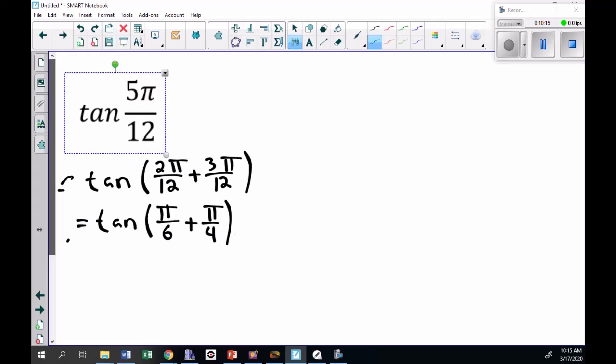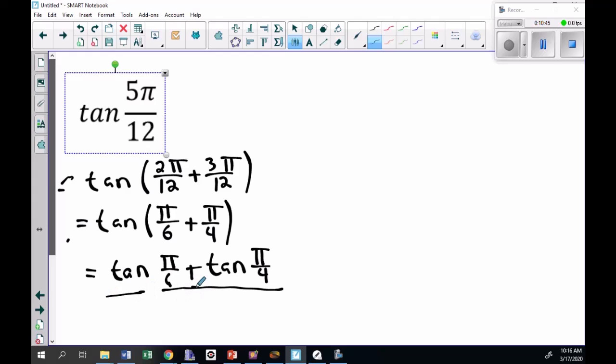All right then. So now we have an identity. We have an addition for a tangent, so I have two angles. So from the formula sheet, then I'm going to go tan angle A, pi over 6, plus tan angle B, which is pi over 4, all over 1 minus tan angle A. We're going to have to figure out how to change this.